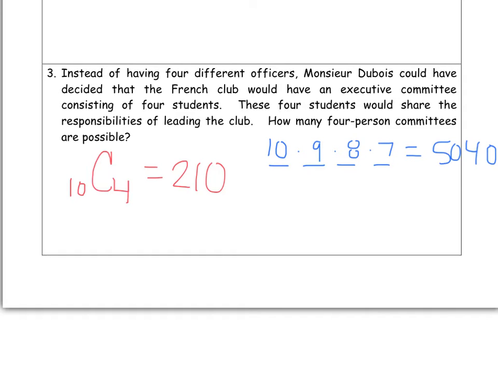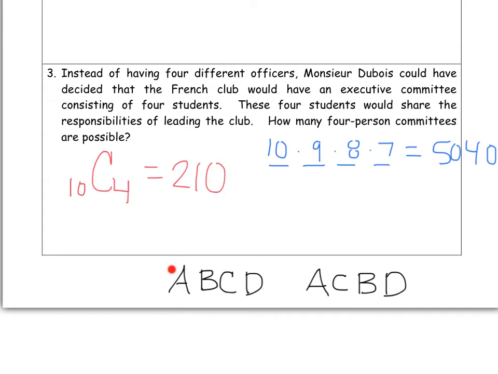So as an example, let's pretend the names of the kids that are picked out of the hat are Anna, Ben, Carl, and David. Okay, so that would be committee A, B, C, D. Now, if we were to pick those same 4 names out of the hat in a different order, maybe A, C, B, D, the selection order in this situation doesn't make these 2 separate or unique committees.